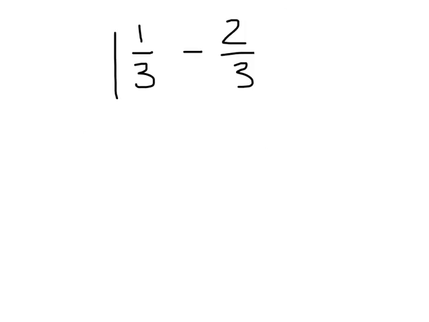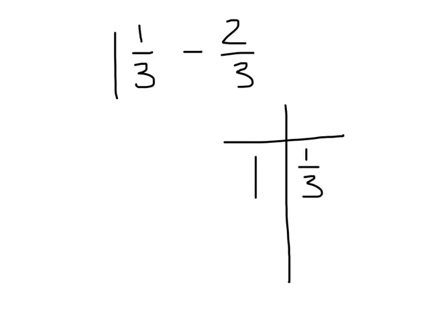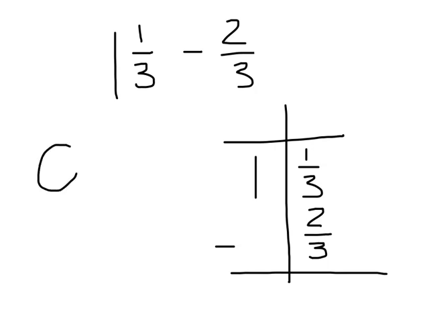1 1/3 minus 2/3. Remember, the number that I'm going to subtract from comes first. 1 1/3 minus 2/3. I can't take 2/3 away from 1/3. So let's think about how I could borrow. If I drew a model of this, I would have 1 whole and 1/3.